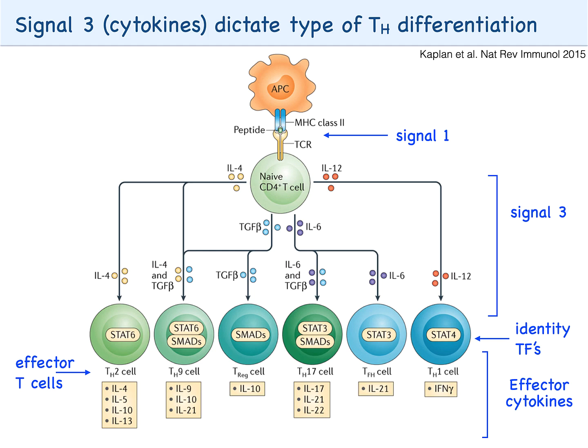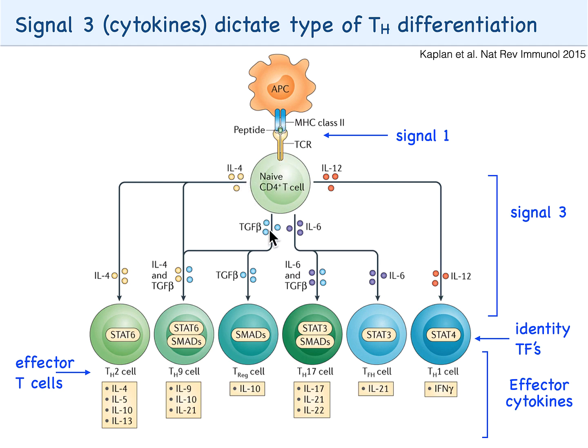So if we look at signal 3, the cytokines, they dictate the type of T helper differentiation that you will end up with. Okay? So remember, this is a single naive cell. It recognizes this antigen by the antigen presenting cell, signal 1, and then it will start producing cytokines.